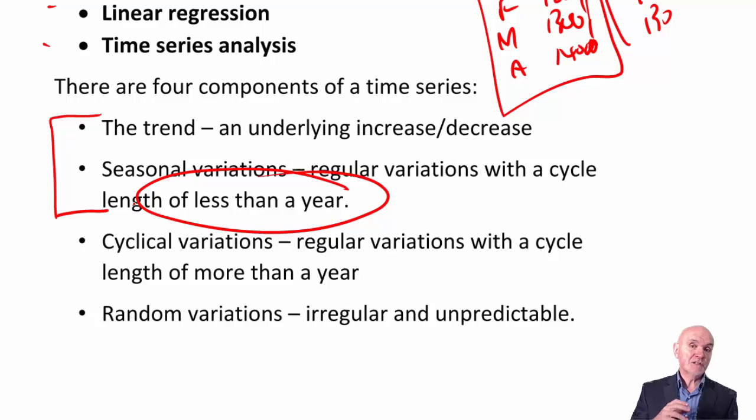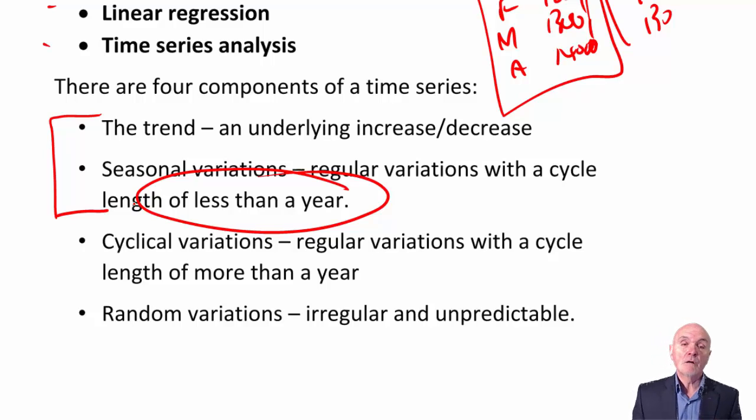If you were a shop on a high street, if you look at sales on Monday, Tuesday, Wednesday, Thursday, Friday, Saturday, you will see they go up. They'll be higher on the Saturday, if you like, than they are on the Monday. And that is a seasonal variation. It's a repetitive pattern of a cycle of less than a year. It can be in terms of the weather seasons, summer, autumn, winter, spring, and so on as well.